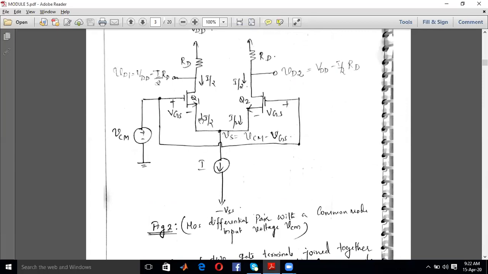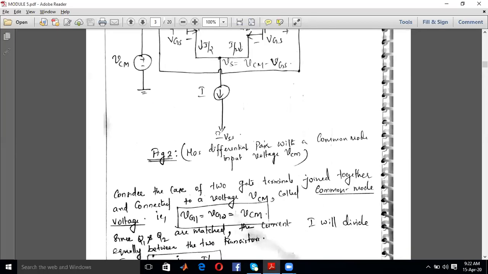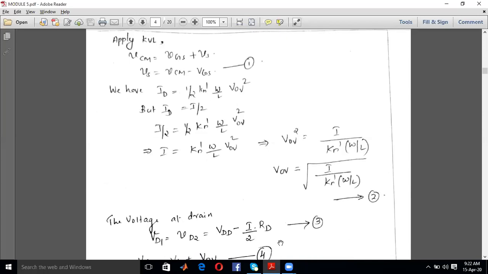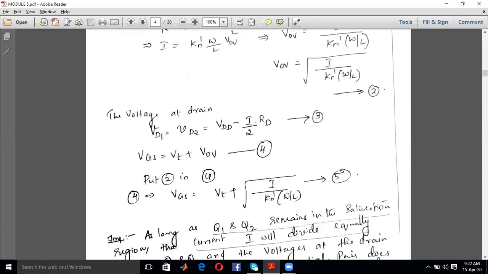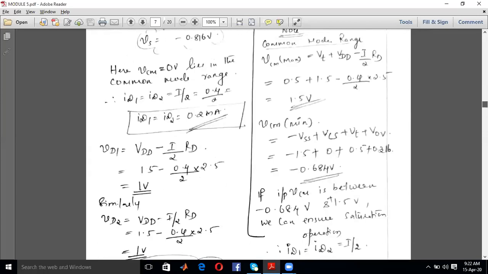Here the voltage across this current source is VCS, and this is negative. So VCS minus VSS will get you the value of Vs. Okay. The voltage Vs is the sum of the current source voltage and the negative VSS. So just add those two parameters and you will get the Vs min value.